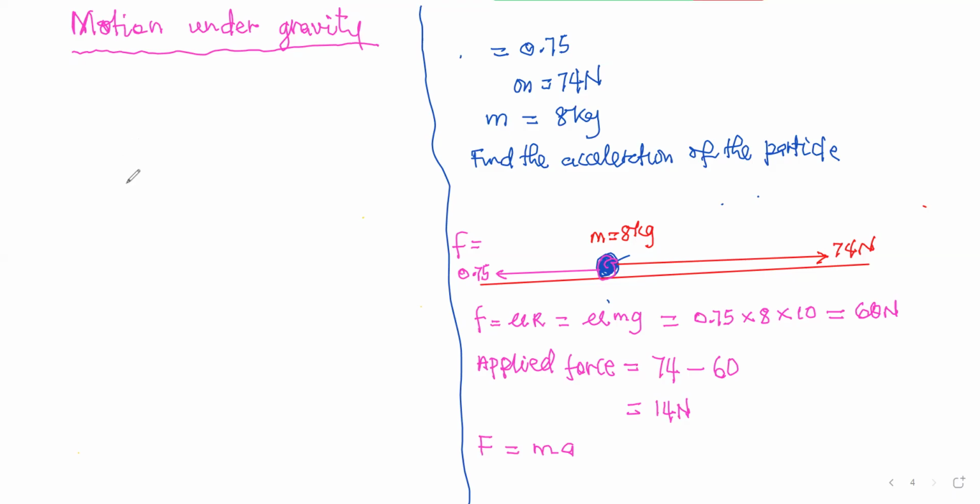When an object is thrown vertically upwards. If we have an object and you throw it upwardly, the motion of the object is affected by gravity. So this kind of motion is vertically upward motion.